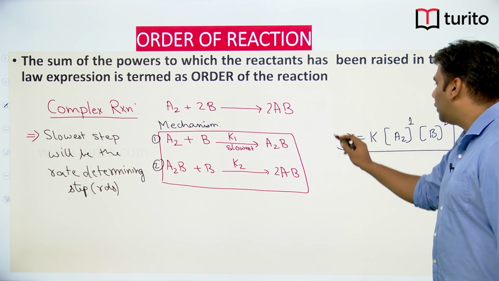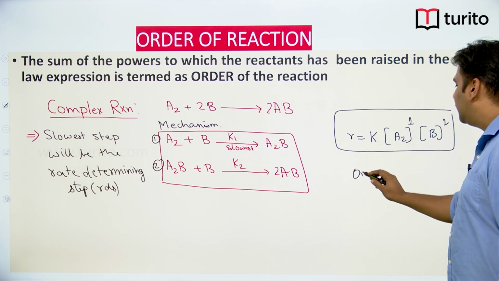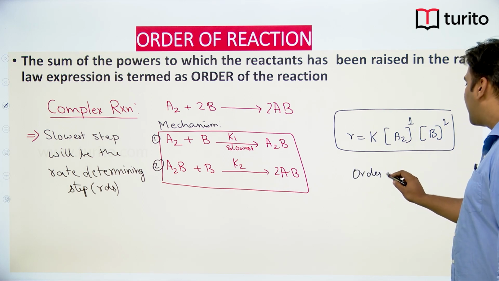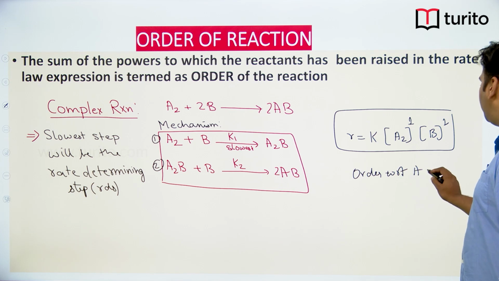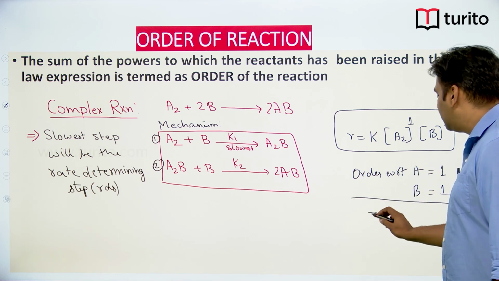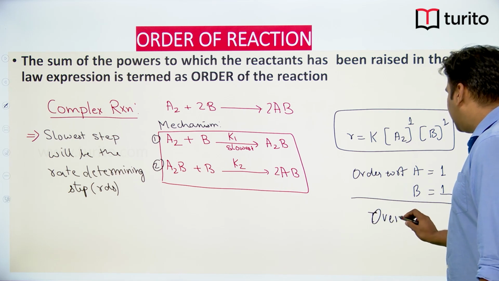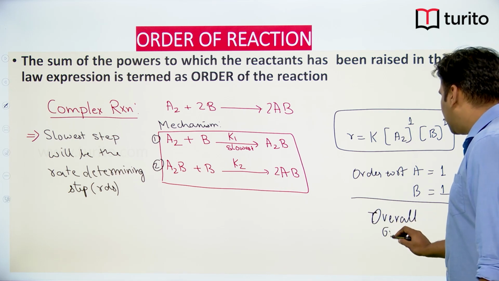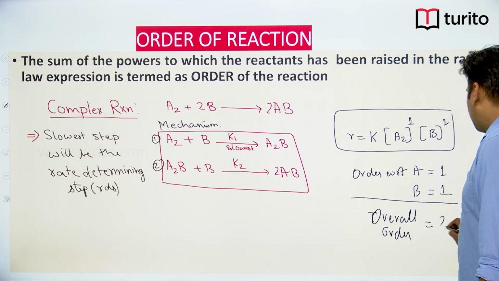So we'll say that the order of this reaction with respect to A2 is 1 and with respect to B it is also 1. So the total overall order we can say is equal to 2. Okay. So I hope you got my point.